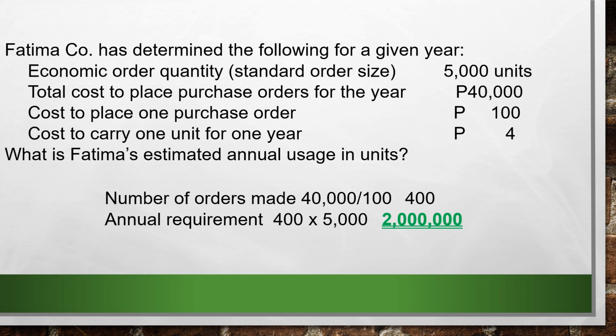To get the annual requirement, D, we multiply the number of orders made, 400, times 5,000, the EOQ, and that gives us the demand of 2 million. Of course, you can check the formula: 2 times 2,000,000 times 100 divided by 4, take the square root of that, and you will get the EOQ of 5,000.